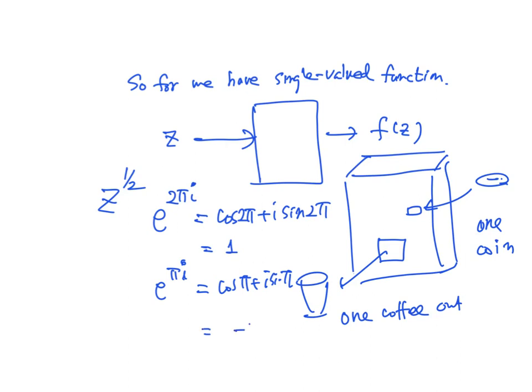Cosine pi is minus 1. So when you take a square root, you can multiply always by 1, right?